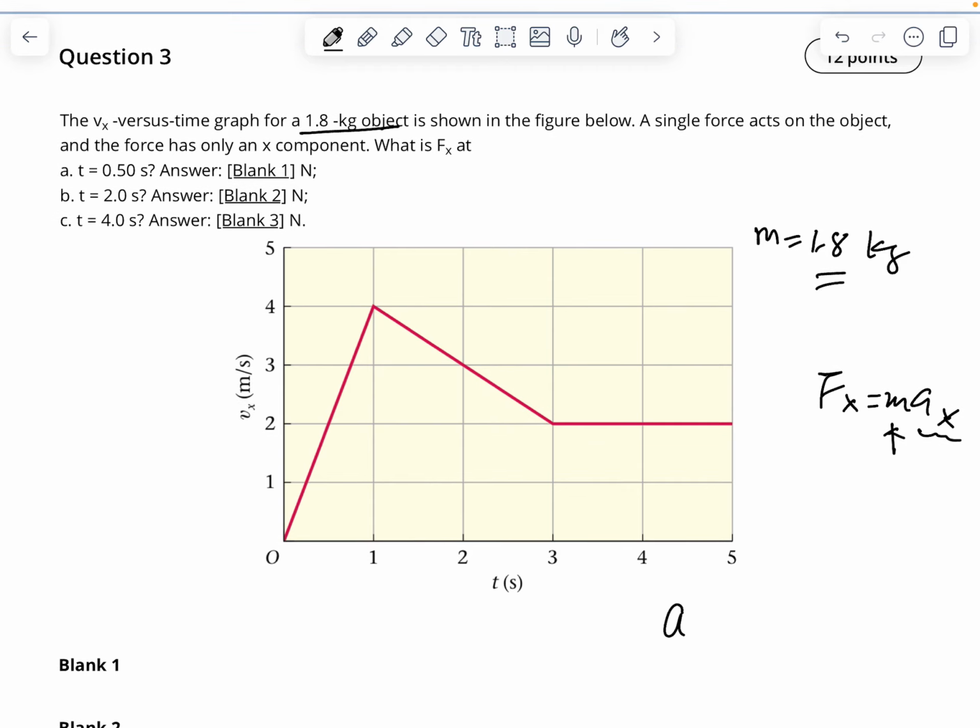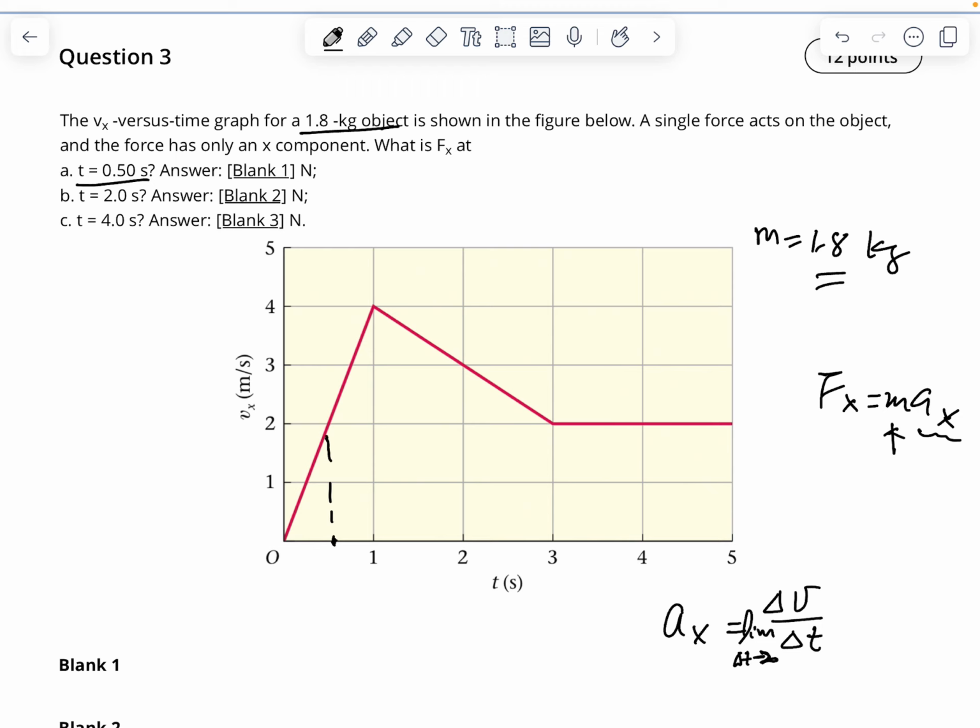Okay, so from kinematics, right? We know ax equal to delta v over delta t, change of velocity over time, and take the limit. Okay, so they ask you about 0.5 seconds. You see, this is 0.5 seconds, right?